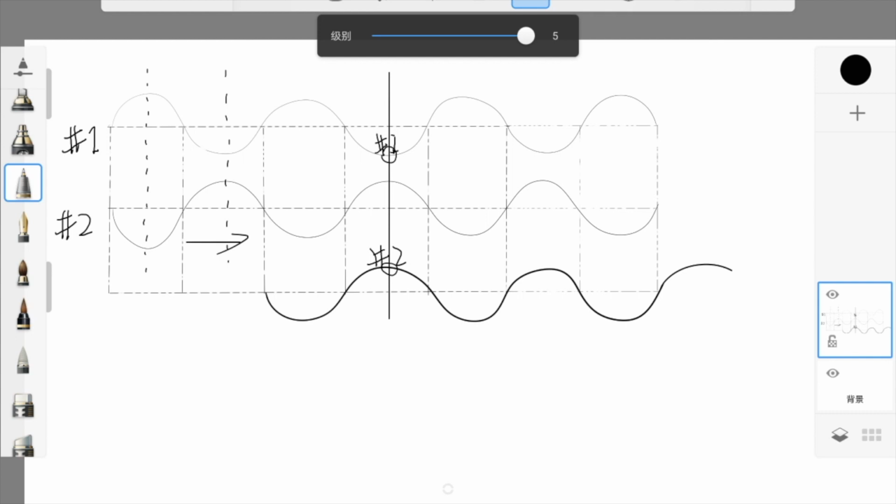Then we come to see that this is the position D2, and this is the position D1. Now we only move D2, and D1 is always fixed. We move D2 to here, this is the new D2.